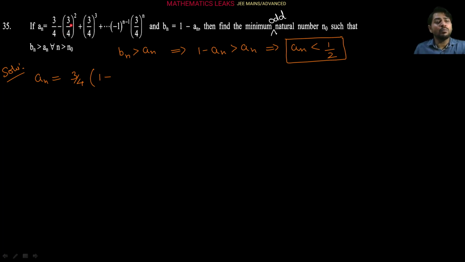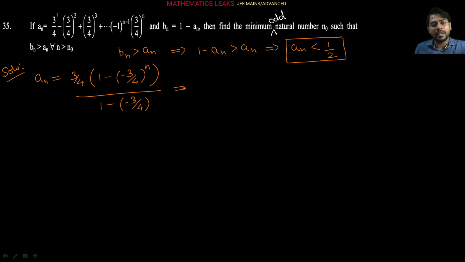So r is how much here? R is minus 3 by 4. And the number of terms in this sequence is what here? Nothing is mentioned here, means 1, 2, 3 like that, up to n it is going. So the number of terms is n here. So 1 minus r to the power n upon 1 minus r. We are writing 1 minus r, so r is minus 3 by 4, so you can say plus 3 by 4 as it is, right?